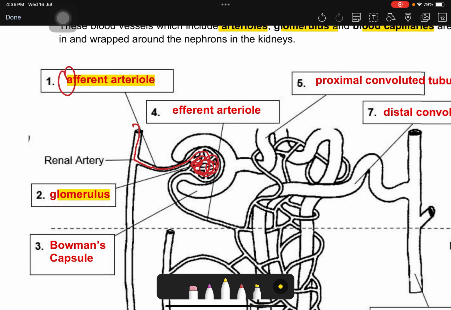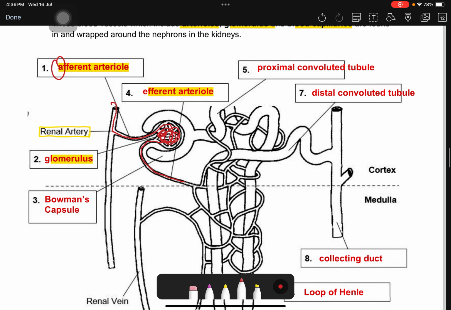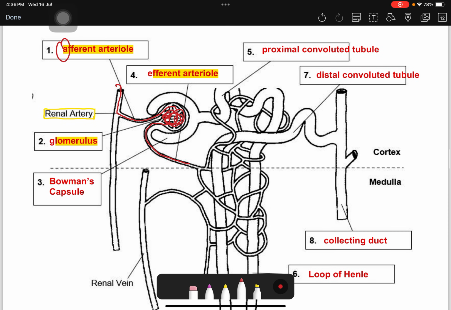And then afterwards the blood capillary glomerulus will then combine into the efferent arteriole as seen over here in my arrow, and then the arteriole will wrap itself around the tubules, as you can see, for the exchange of materials and also the reabsorption of substances back into the blood.